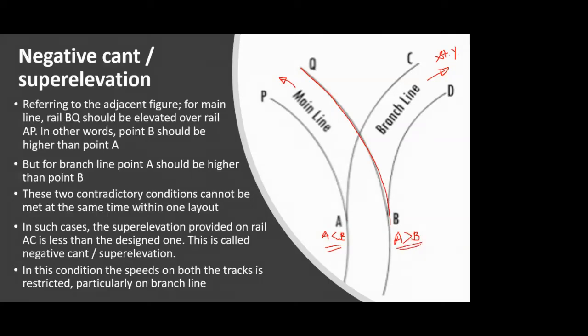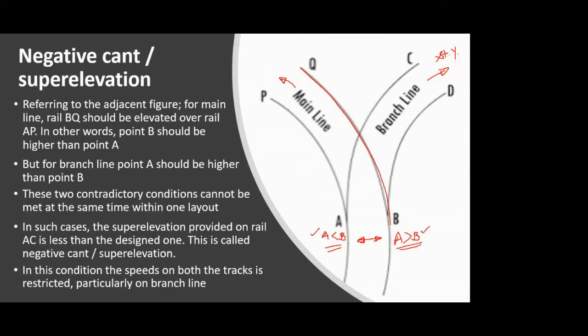Now here comes the contradiction: A and B are the same points, but one track calls for one elevation in the rails, and the other track calls for a different elevation. We can't provide both at the same time, because it is practically not possible to satisfy both conditions.